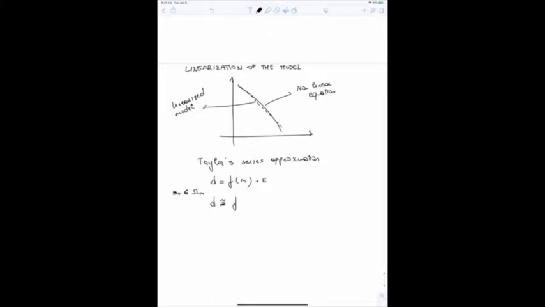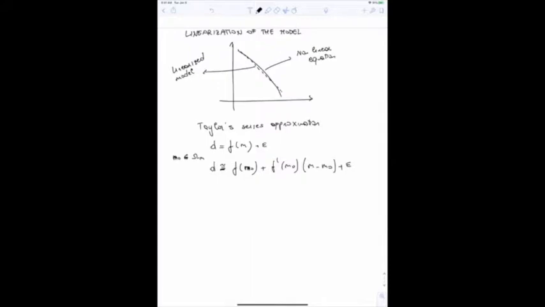Now, typically we take the midpoint of the range, just for simplicity. And then this is going to be the value of the function in m0 plus, let's assume that we're in the univariate case, the derivative of the function computed in m0 times m minus m0, plus epsilon. Now here, this quantity is a constant, and this quantity multiplied by the derivative is also constant.